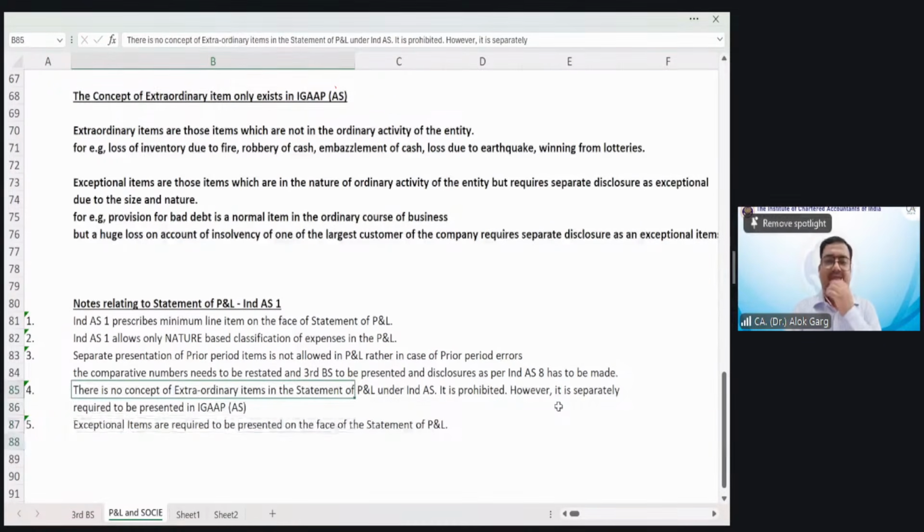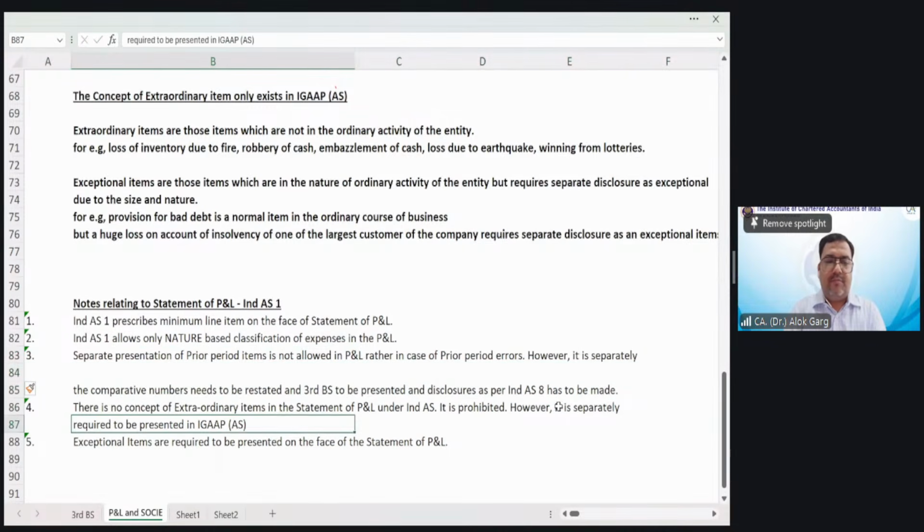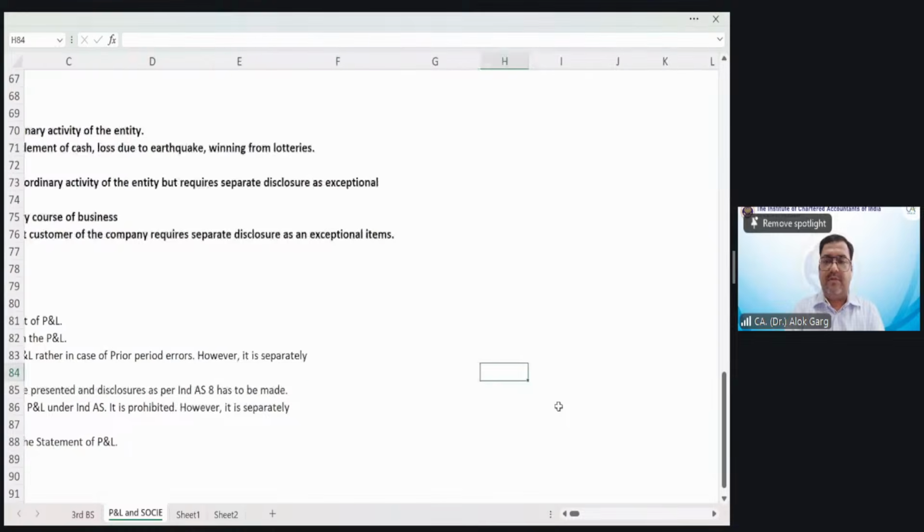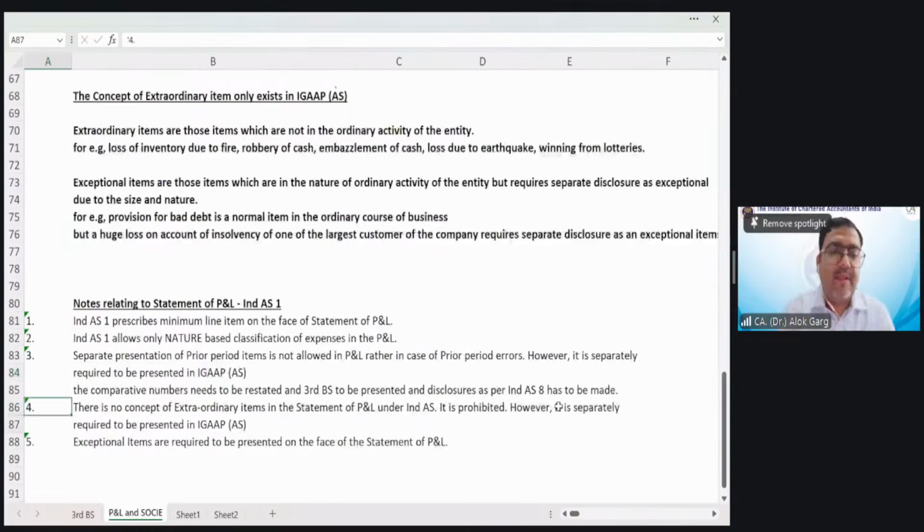Okay, on the face of the P&L. So let me write this fact in the prior period item also. Separate presentation of prior period item is not allowed in case of prior period errors. However, it is separately required to be presented in the P&L.